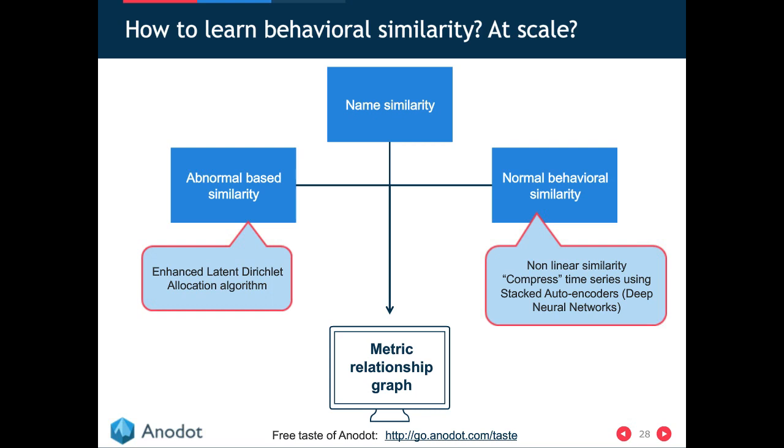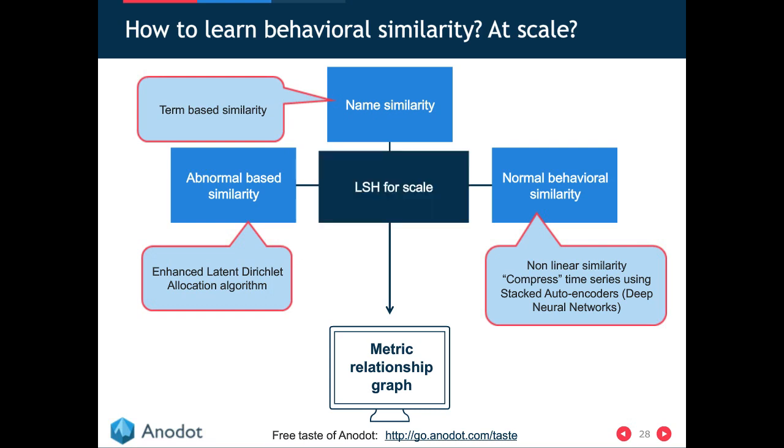For name similarity, we use term-based similarities from the speech literature. And now, how do you do it at scale? Here we employ locality-sensitive hashing at a lot of levels of the algorithm to make sure that everything scales to millions of metrics.